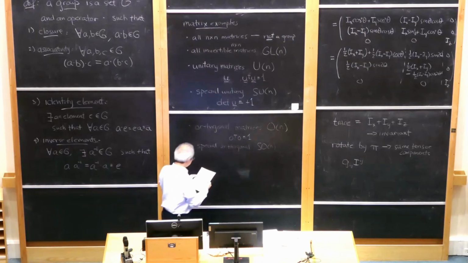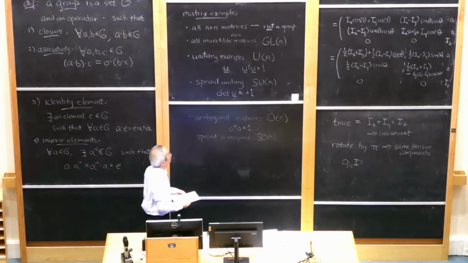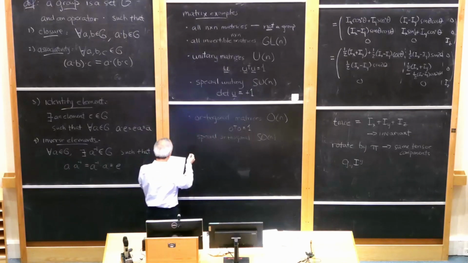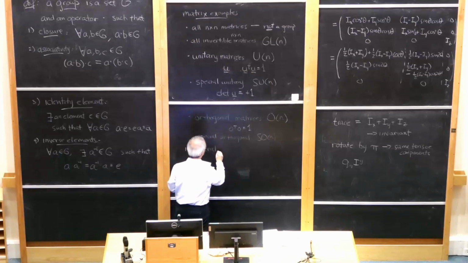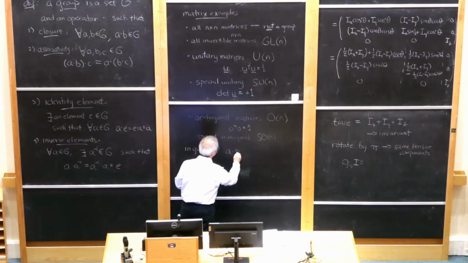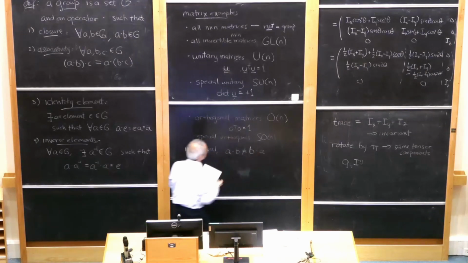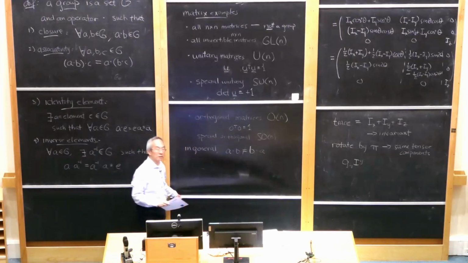Now I should mention something that should be a little bit obvious when we're talking about n by n matrices. In general, for group elements, and you can see it in these cases as well, A dot B is not equal to B dot A. In other words, the commutation relationship for the operator is not guaranteed.